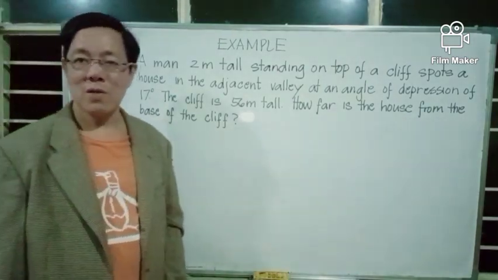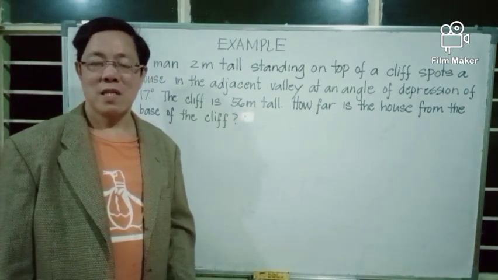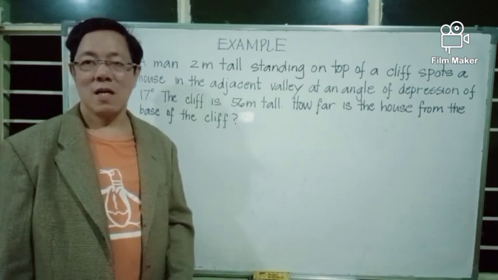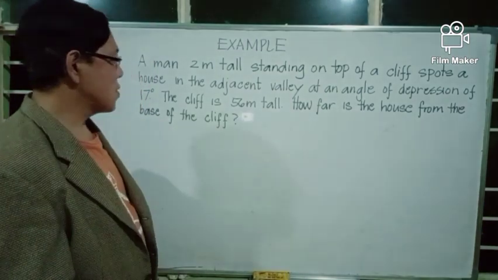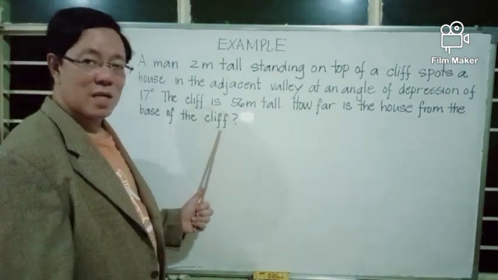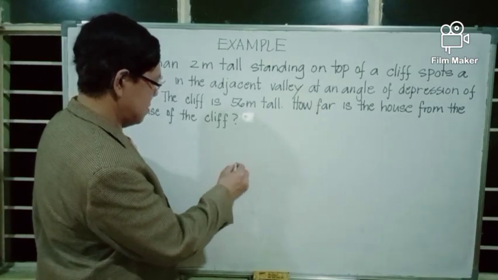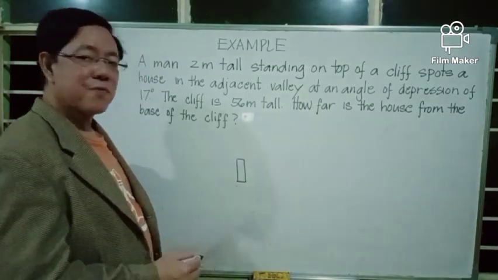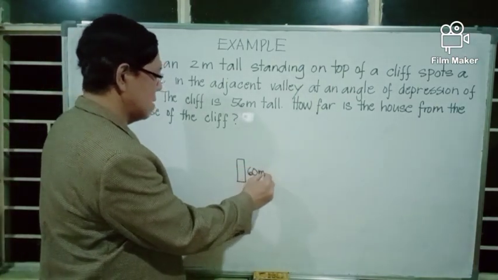Again, we'll draw the diagram to facilitate our solution, and we indicate in the diagram the information given in the problem. We start with the cliff. Suppose this is the cliff, and the cliff is 60 meters.